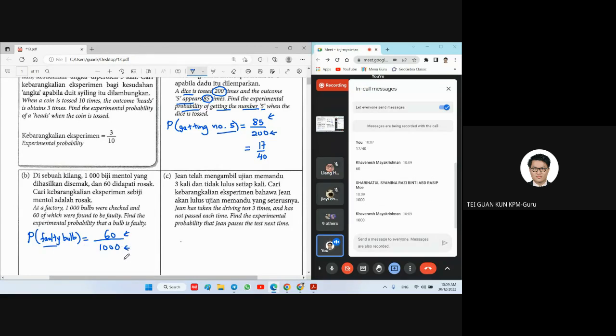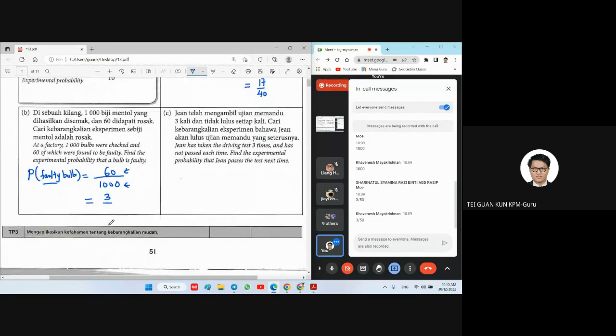So 60 over 1,000. So you just use the formula. So you simplify 60 over 1,000, the answer is what? Okay, so 3 over 50. So this is the probability. Okay, that's all. You just need to know how to write it.